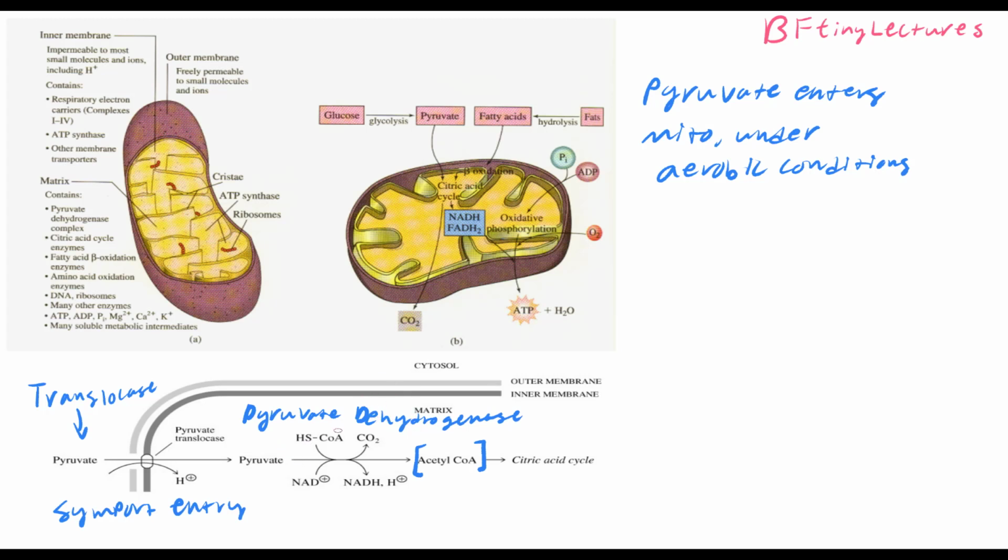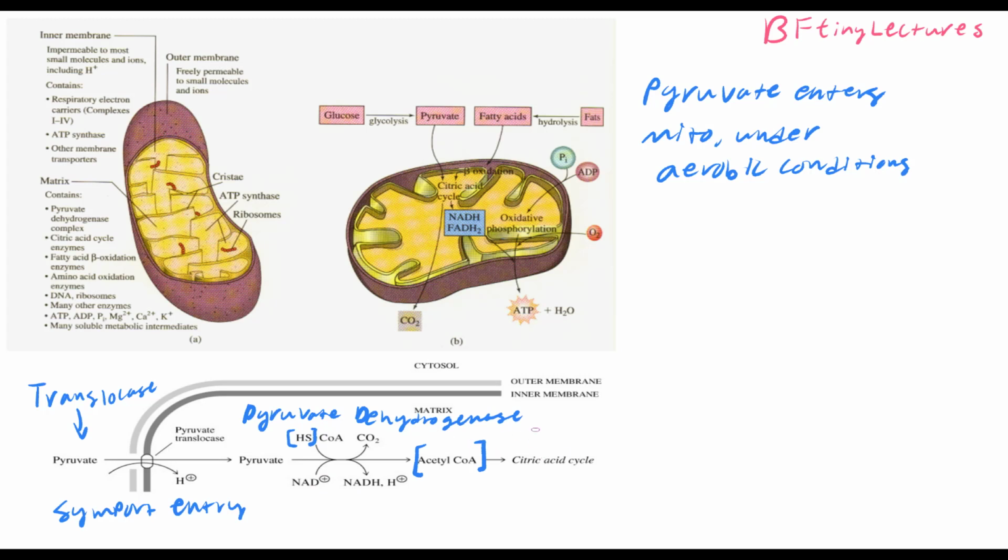It will then be converted. Again, we have some reductions going on here. We are reducing coenzyme A with a thiol group. A thiol group is just an SH, so right here, this is a thiol group. We're going to reduce that. Over here, we're also reducing this NAD into NADH.